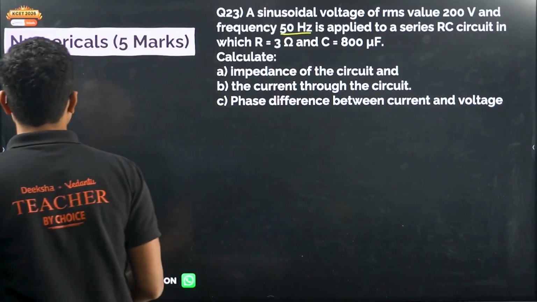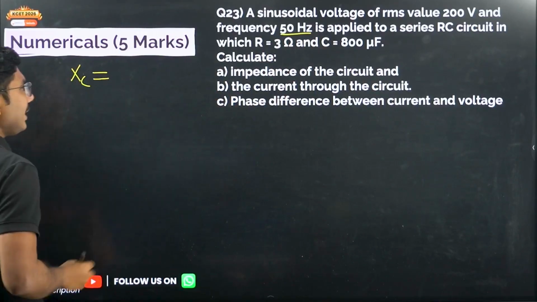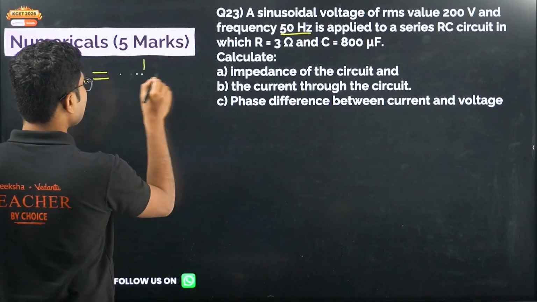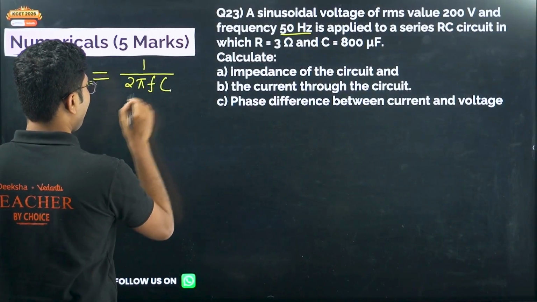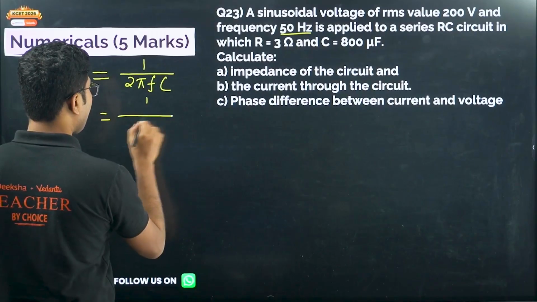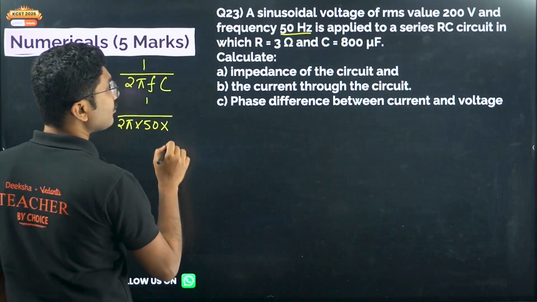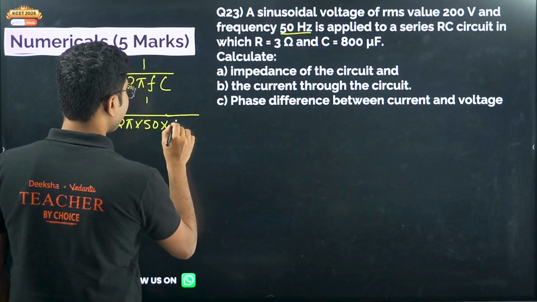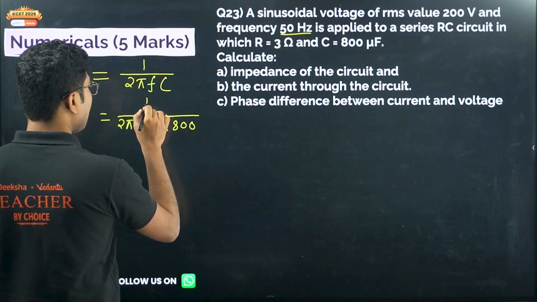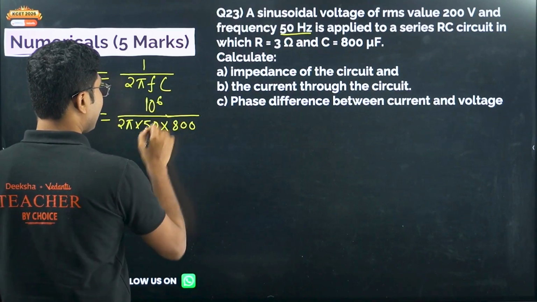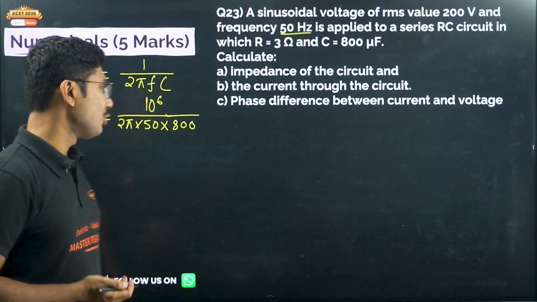So what we will be doing first stage is to calculate XC. XC is 1 by 2 pi F into C. So that is equal to 1 by 2 pi into 50, and the value of C is 800 microfarad. So 800 micro means 10 to the power of minus 6, which turns out to be 10 to the power of 6 in the numerator.